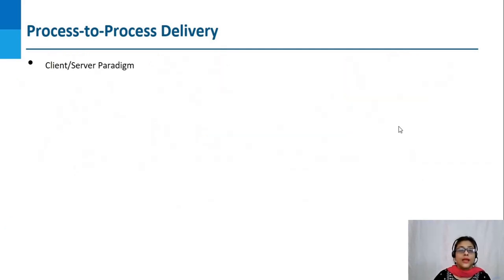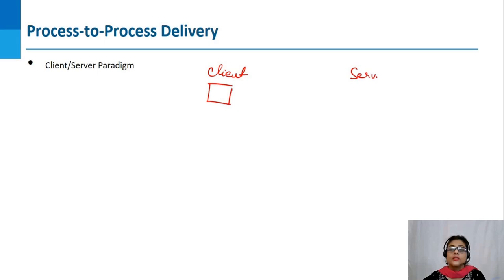Now we need to understand client-server paradigm. There may be various process-to-process delivery, but client-server paradigm is of utmost importance. In client-server paradigm, there is a client process which runs at the client end, and there is a server process which runs at the server end. For example, if a client wants the date and time from the server, it makes a request.